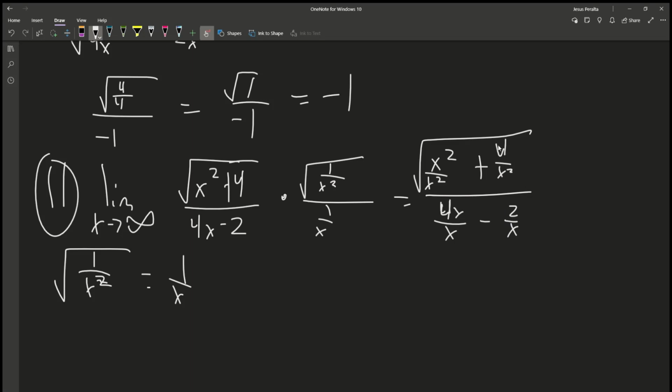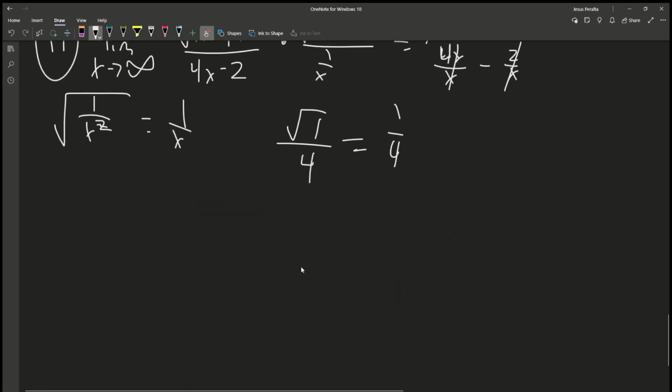So then this is 4 over x squared. This goes to 0. That goes to 0. This turns into 1, and this turns into 4. So then it's going to be the square root of 1 over 4, which is just 1 over 4 for number 11. Let's check, which is correct. We're almost done. We just need 5 more problems.